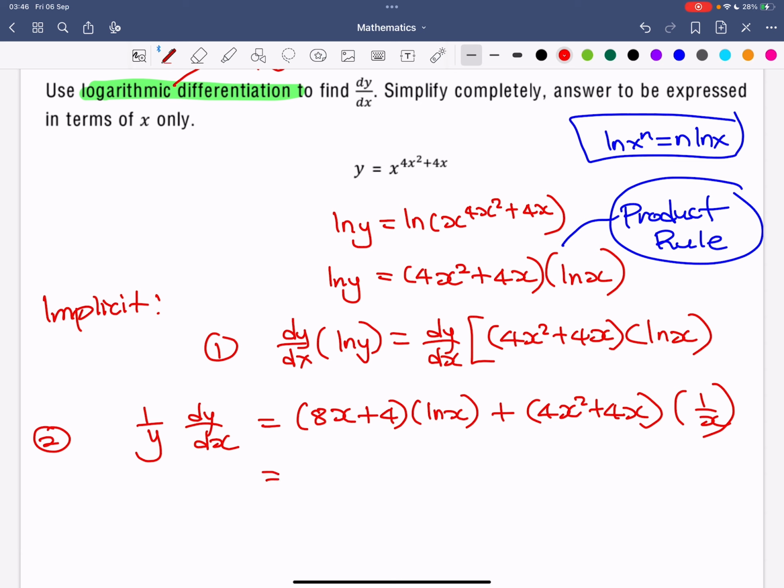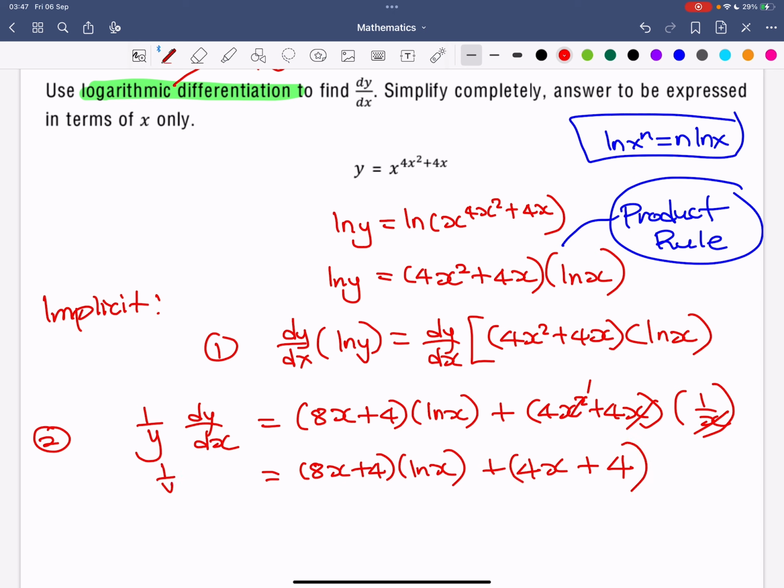Can we simplify further? Yes, we can. This becomes 8x plus 4 multiplied by ln of x. Then you can see this cancels one of these x's, and you're left with 4x plus 4. You can put this in brackets just to keep it clean.